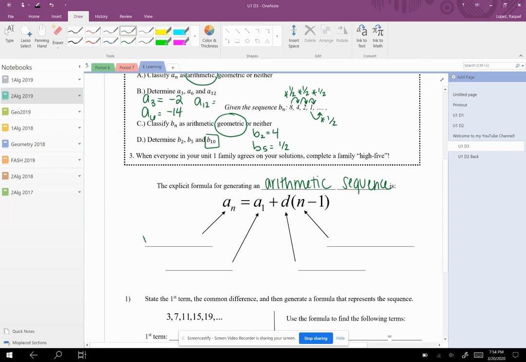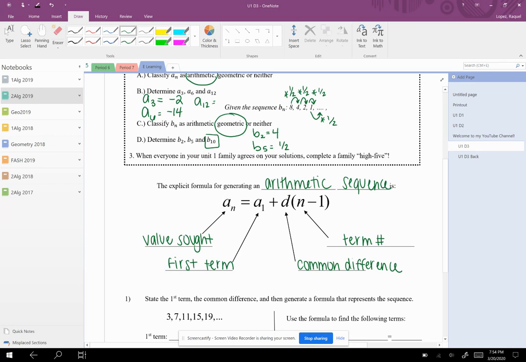Well, a sub n is the value that we're looking for, so I'm going to call this the value sought, or the value that we seek. A sub 1 is your first term. This d here stands for common difference. And the n is the term number.